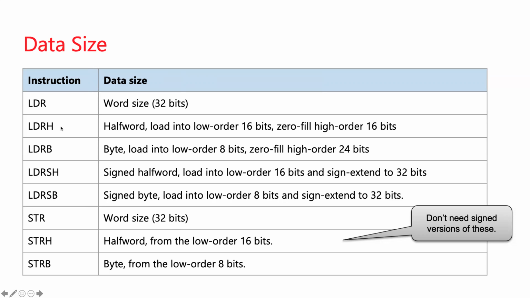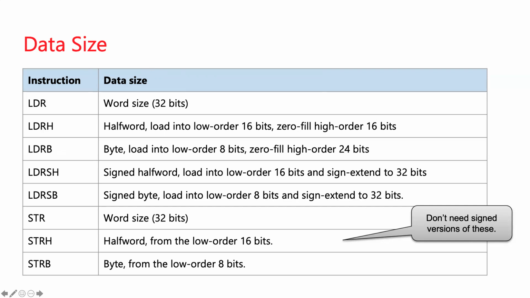So this goes and gets 2 bytes, a 16-bit quantity out of memory, copies it into the register of your choice, and 0 fills the high order bits. This one goes and gets a byte, puts it into the low order bits, and 0 fills the rest. So the point here is you're using the whole register, you're just initializing it with something taken out of a byte of memory or a half word of memory, 2 bytes of memory.